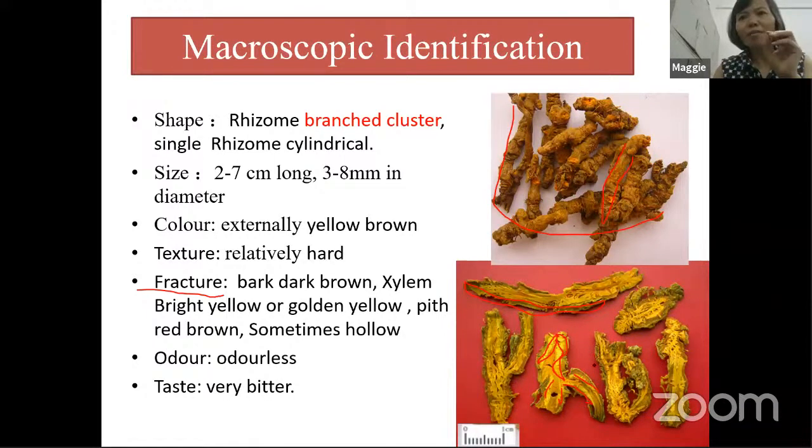Where is pith? Like here, this is pith, or the center of the drug is pith. The pith, red brown, sometimes hollow. So this is a fracture. Odor, odorless, and taste very bitter.